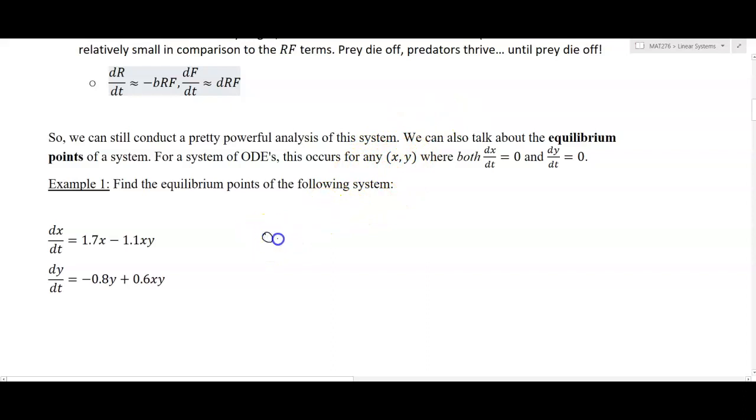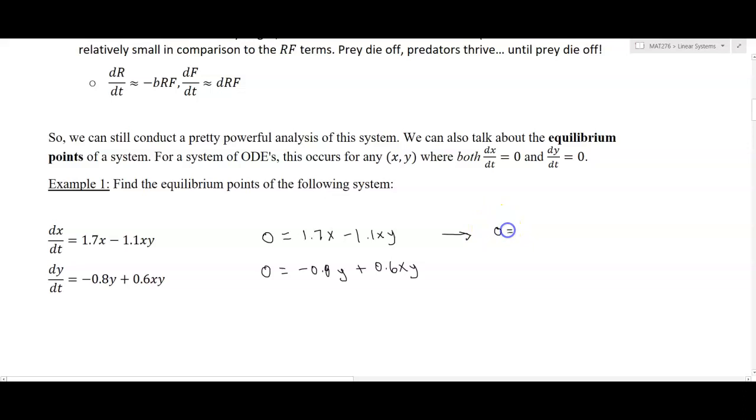So here if I set dx/dt equal to 0, I'm going to get 0 equals 1.7x minus 1.1xy. And here I'll get 0 equals negative 0.8y plus 0.6xy. Now we can solve this using some sort of substitution. This is a nonlinear system, so they can get pretty challenging to solve.